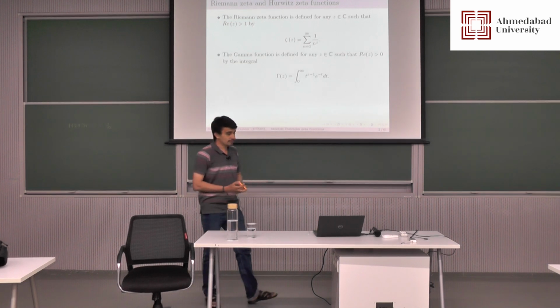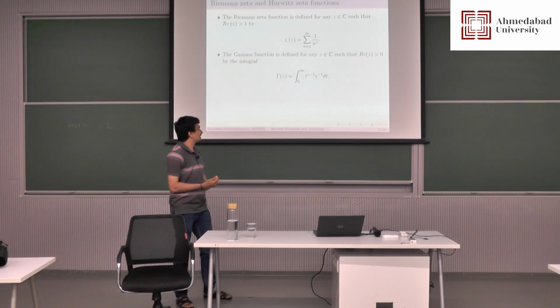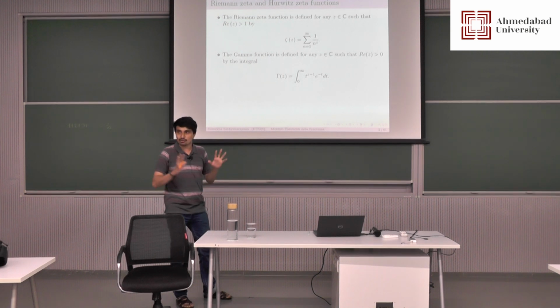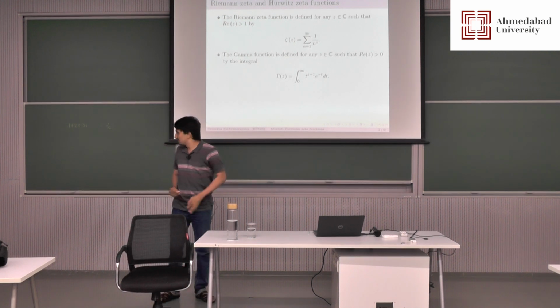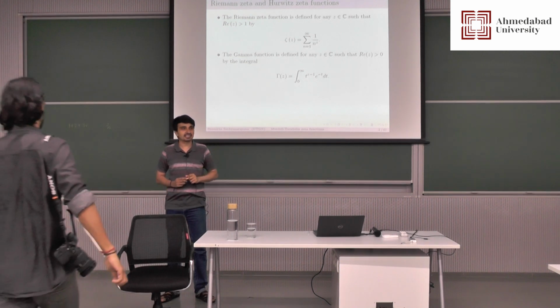So there is one more function, the gamma function. It is defined by this integral, and it is defined on the whole complex plane except for poles at 0, -1, -2 and so on. What Riemann did was give an integral representation for this series.